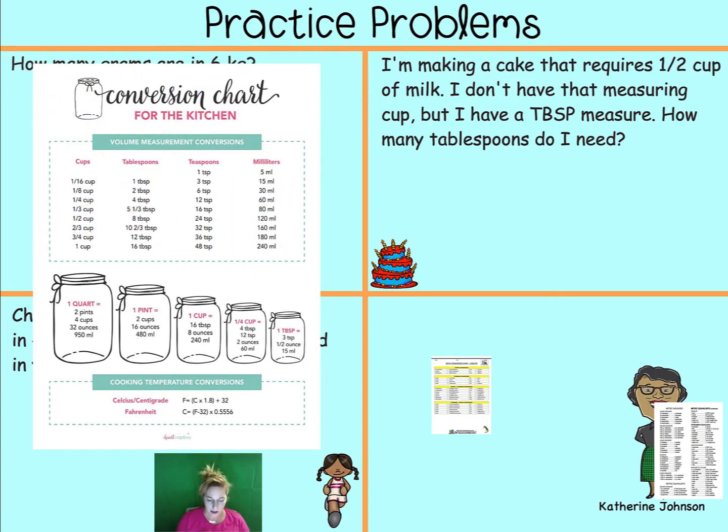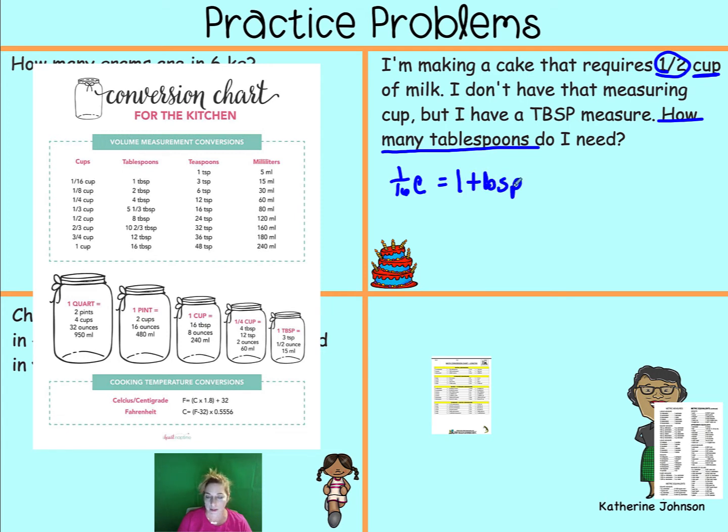Okay, so let's read our problem again. We have a half, and that means cup. I don't have that measuring cup, but I have a tablespoon measure. So the question is, how many tablespoons do I need? I need to convert cups to tablespoons. According to my equivalency, 1/16 of a cup is the same as 1 tablespoon.